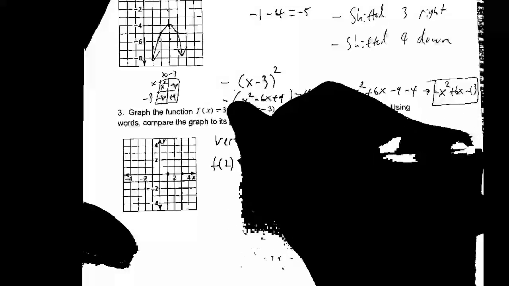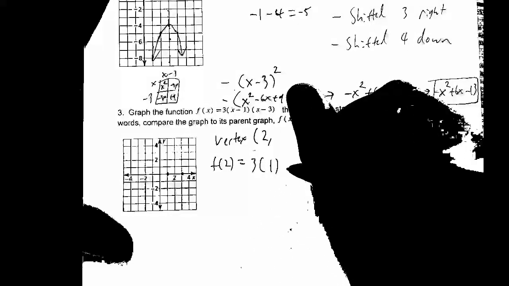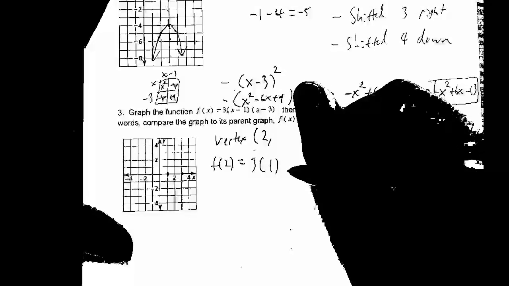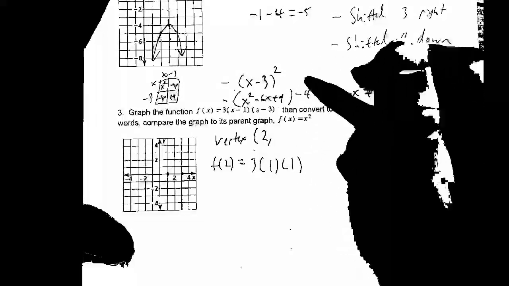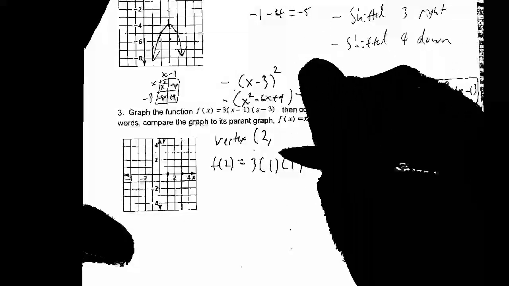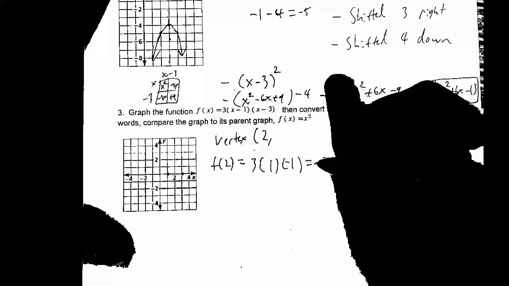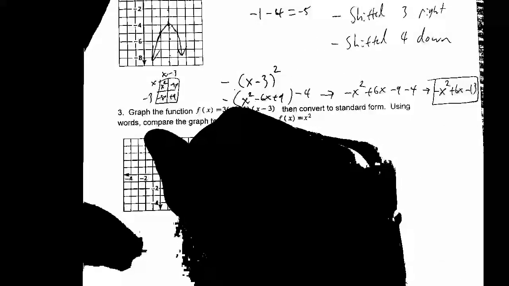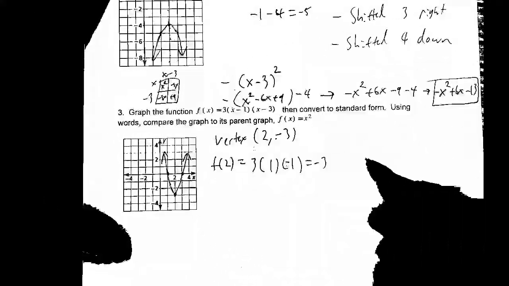So f of 2 would be 3 times 1 times negative 1, and that would just be negative 3. So your vertex is at (2, negative 3), and then we can sketch from here.